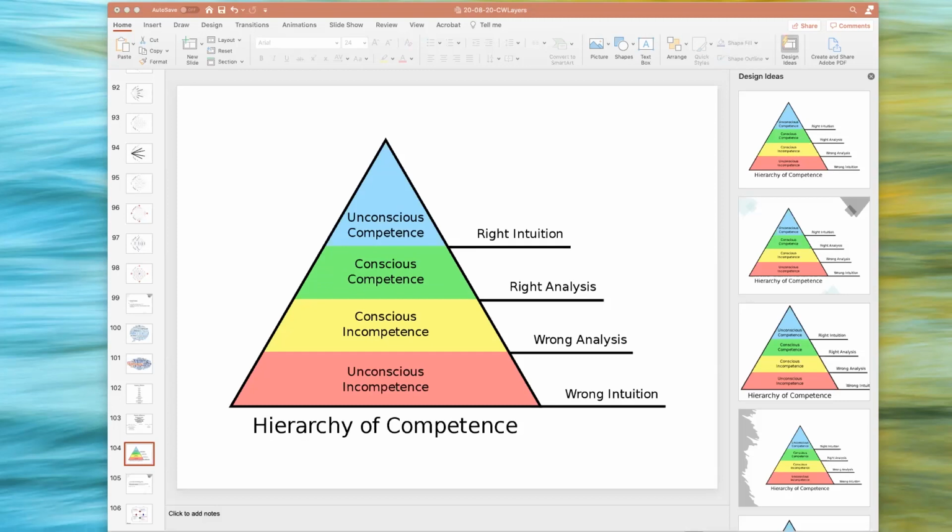If you do an image search for competence, competency, anything like that, you will find this diagram used in dozens of locations across the internet. But so far, I haven't clicked on one yet that took me any place that defined what whoever designed this diagram meant by the words intuition and analysis.